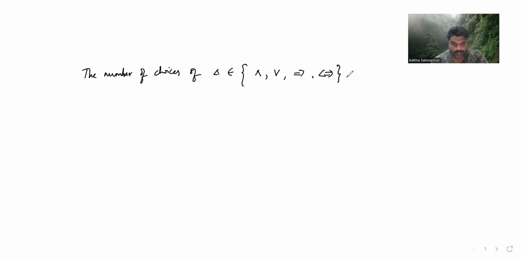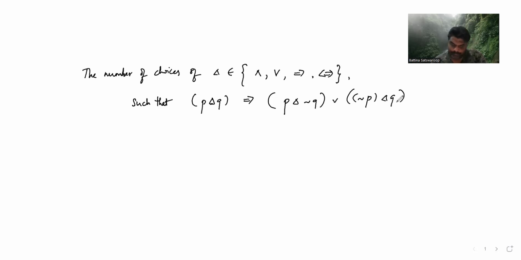Let's take one more question, sir. The number of choices of delta belonging to or, and, implies and double implies such that P delta Q implies P delta negation of Q or negation of P delta Q is a tautology.